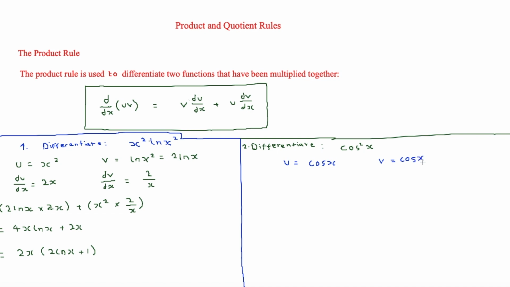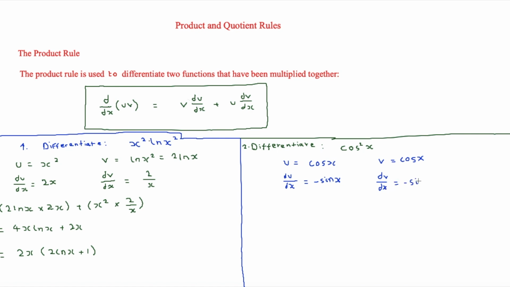That means that they're both going to differentiate to give the same thing. So du over dx is going to be equal to minus sine x. That also means that dv over dx is going to be equal to minus sine x.